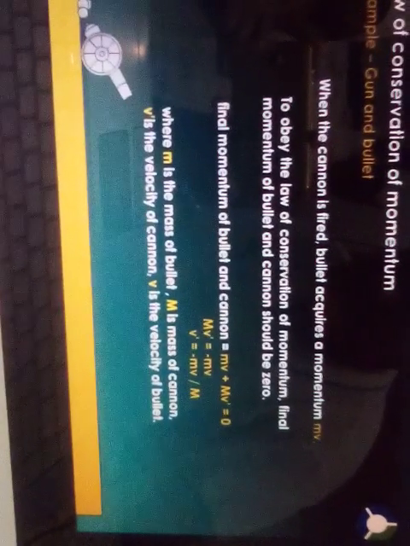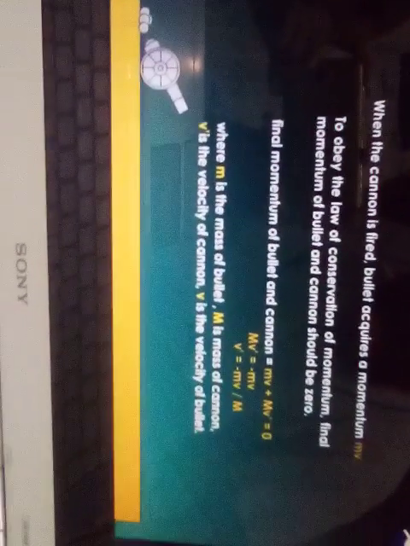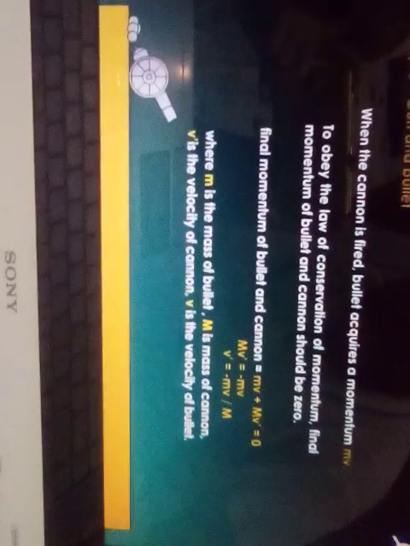That is, mv plus mv dash equals 0, so mv dash equals negative mv. v dash equals negative mv by capital M, where small m is the mass of the bullet, capital M is the mass of the cannon, v dash is the velocity of the cannon, and v is the velocity of the bullet.